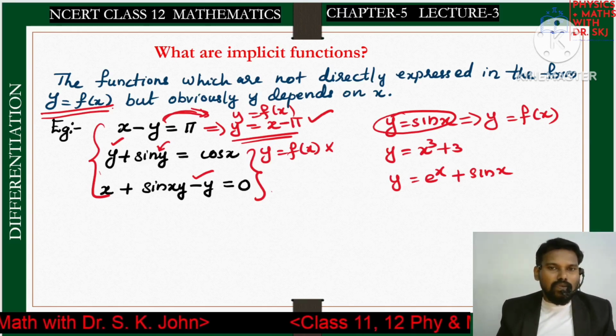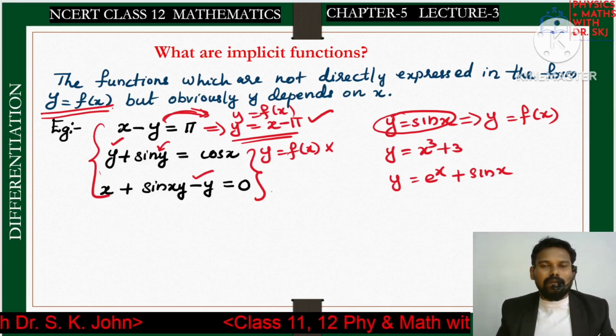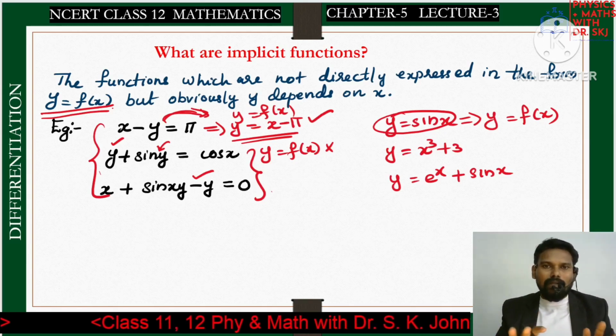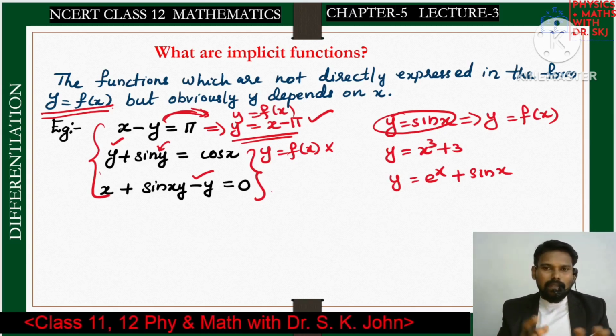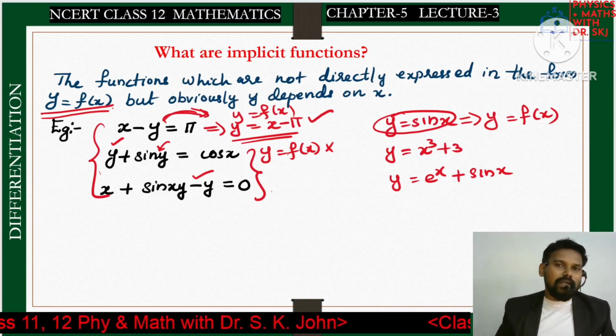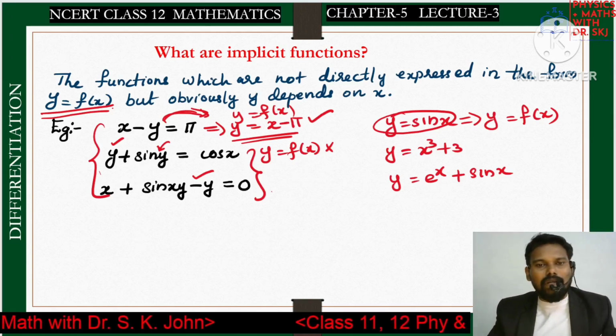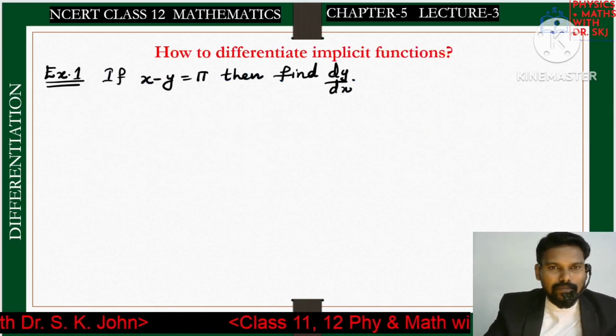Implicitly they show the dependence of y on x. y is dependent on x, but it is not expressed in the form y equal to f of x. Usually they are given as some equations.